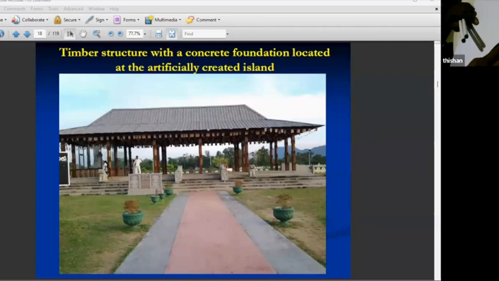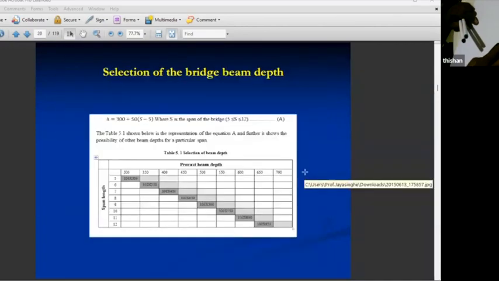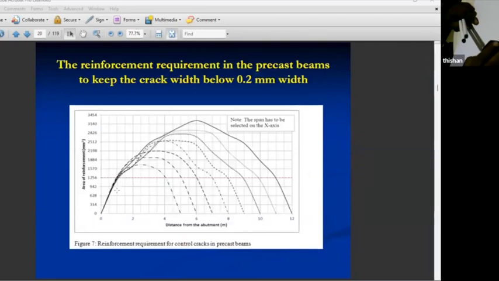And these days there's another Buddha statue also coming up at this particular place. And all the information that you need, including the reinforcement, is given in this chart. And it comes with a research paper, so you can easily use these values as a starting point.